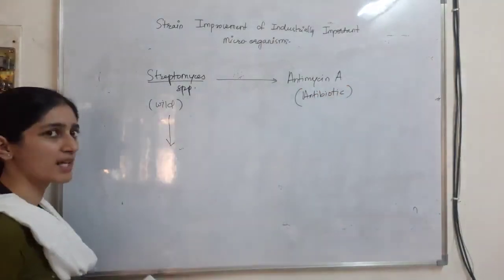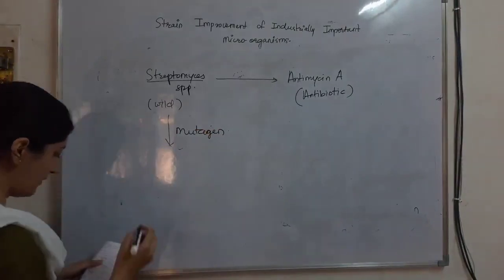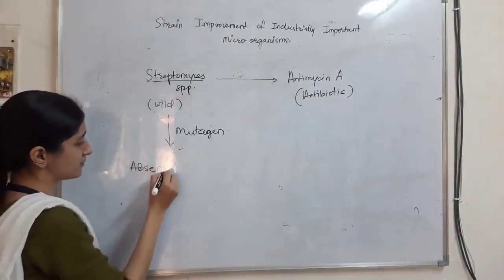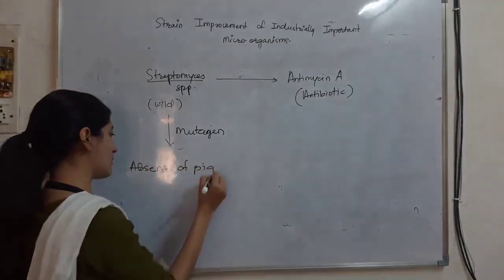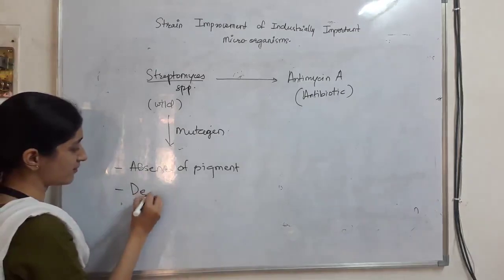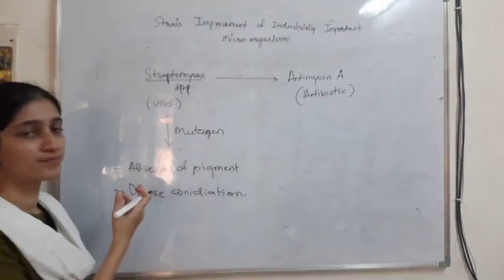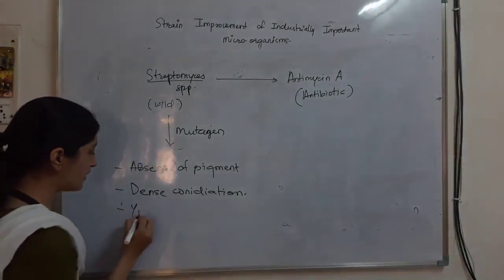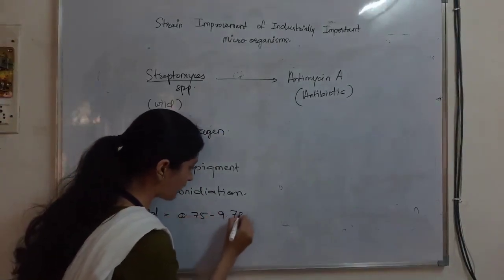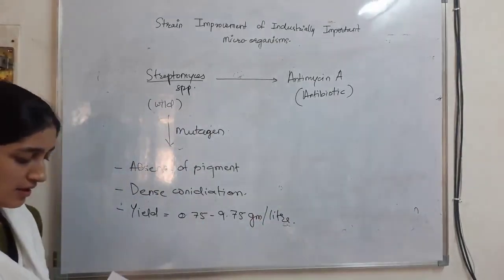If we expose the same fungus to a certain mutagenic agent, this Streptomyces species will show absence of pigment, alteration in dense colonization, which is an example of major mutation, and it will give yield of the same antibiotic 0.75 to 9.75 grams per liter of the substrate.